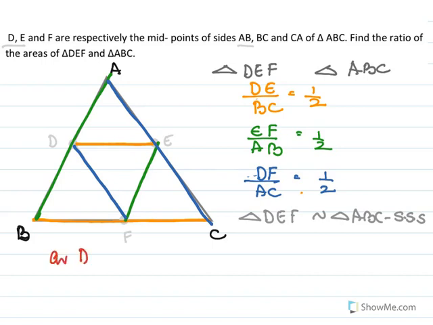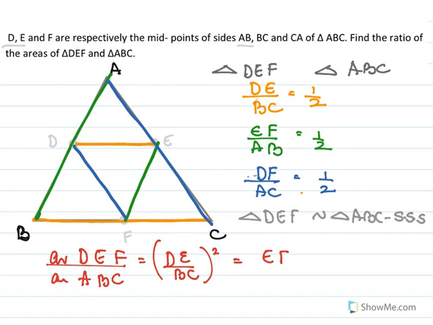We have area of DEF over area of ABC. This is the property we have learned, is equal to DE over BC the whole square, equal to EF over AB the whole square, and equal to DF over AC the whole square.